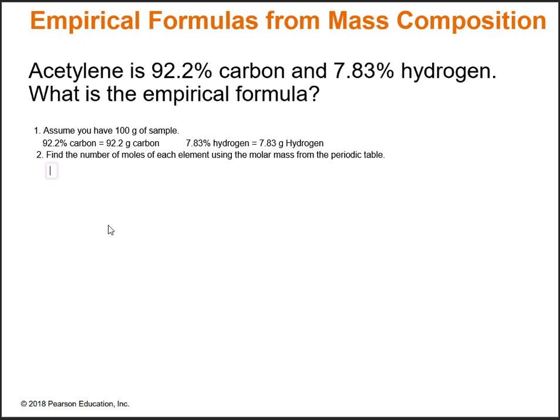So to find the moles of hydrogen, we're going to take the number of grams that we have, which is 7.83 grams of hydrogen, and we're going to take our molar mass, so that's 1 mole, and we're going to put it over the number of grams that there are in 1 mole of hydrogen.